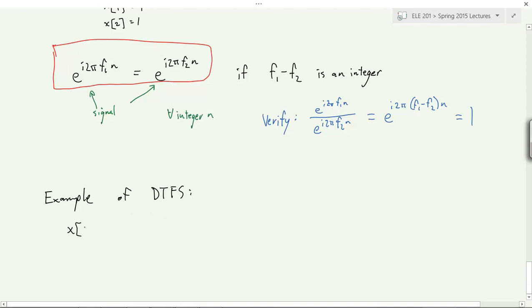I'm going to repeat: x of n was 1, 1, 1, 0 for n equals 0, 1, 2, 3. And we calculated the coefficients. A0 equaled 3/4. A1 equaled negative i over 4. A2 equaled positive a fourth. A3 equals i over 4. Okay, so we calculated this out.